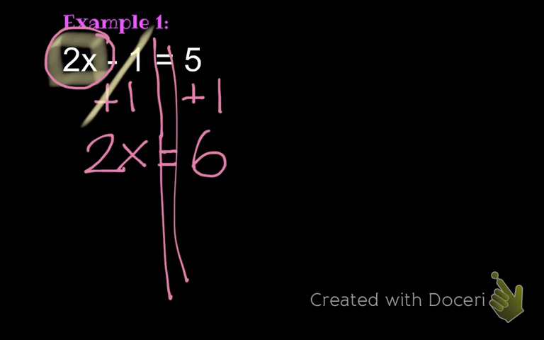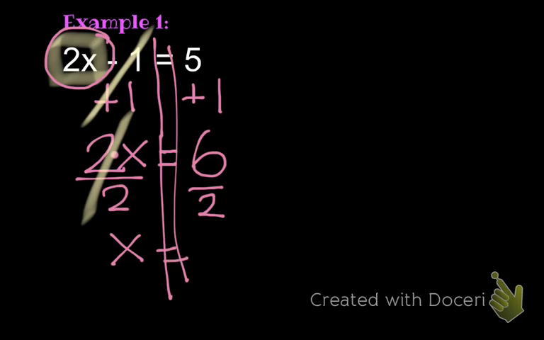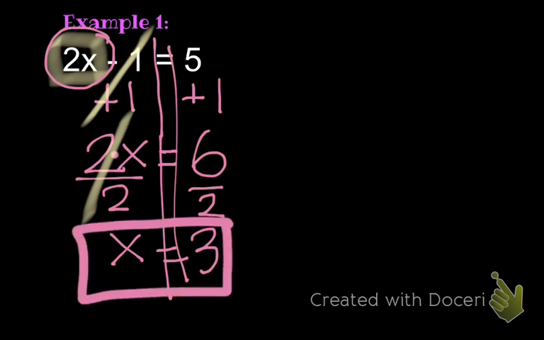So 2x means 2 times x. To get rid of times, or multiply, I have to divide both sides by 2. My 2's cancel here, leaving me with x equals 6 divided by 2, which is 3. So I think right now the answer is 3.